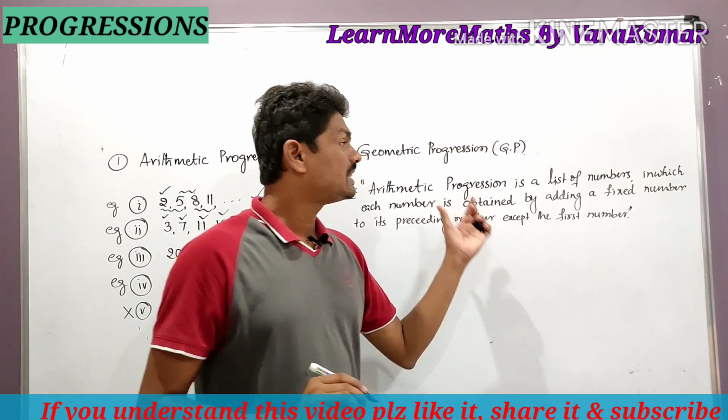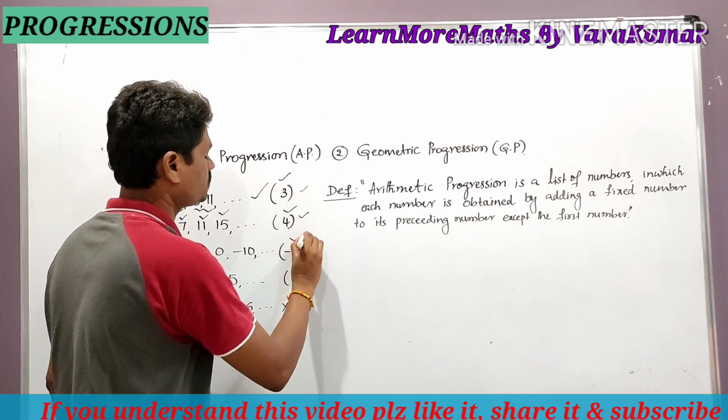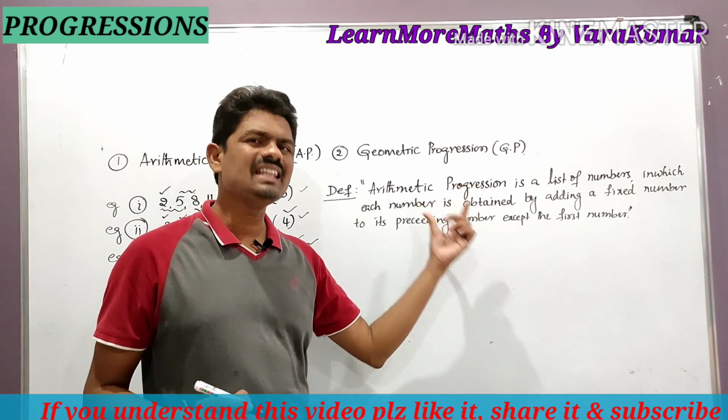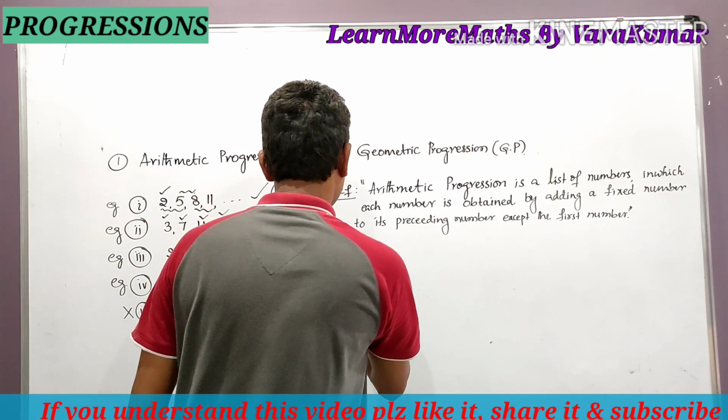So student, the fixed number which is added to the preceding term is called the common difference. The numbers in the list are called the terms.